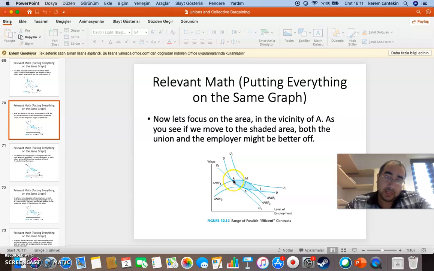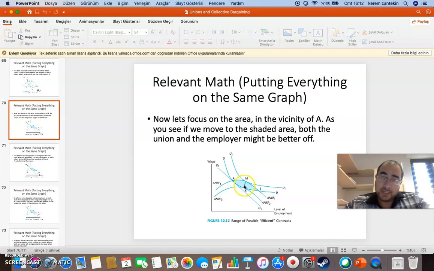And since here at the very top point the slope is 0 and the slope starts just increasing, the slope of the utility curve of the union is greater for a while at least, which basically means there should be a point between this utility curve of the union and the ANRP curve, which intersects the utility curve of the union at the top point, where you are able to make some Pareto improvements.